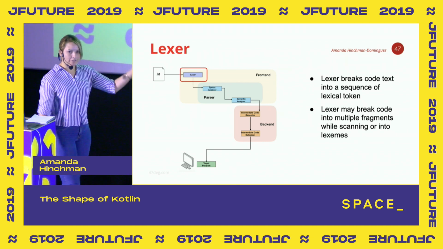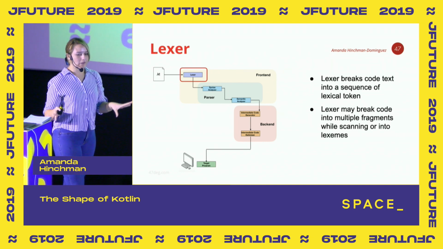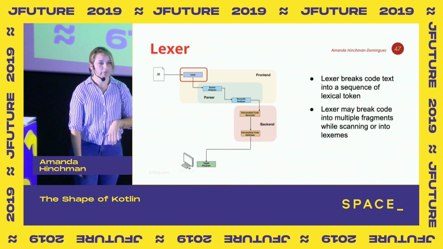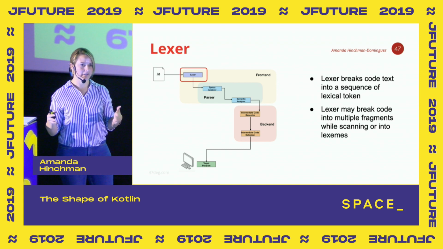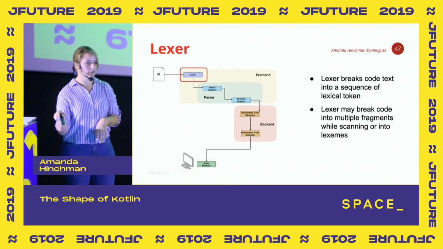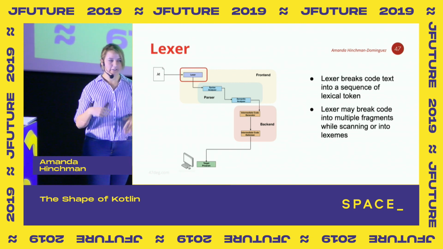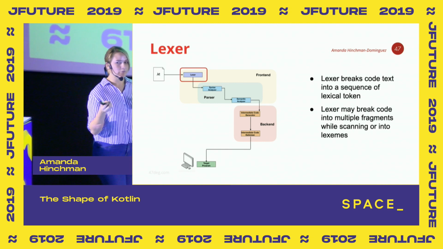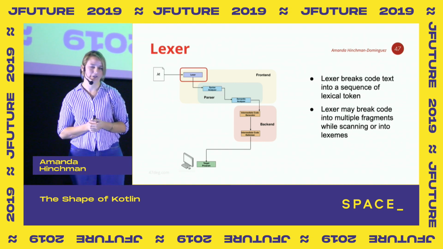So there are several stages. We went through some of them, but this goes more into what these specific jobs are. We start with the lexer, and the lexer is responsible for lexical analysis. It breaks the code into a sequence of tokens, and this is basically creating the nodes that would be responsible for creating the tree.